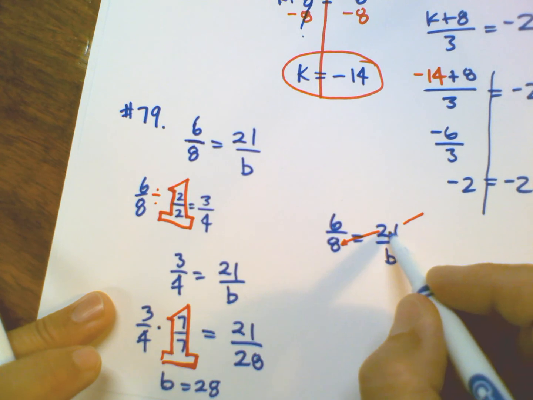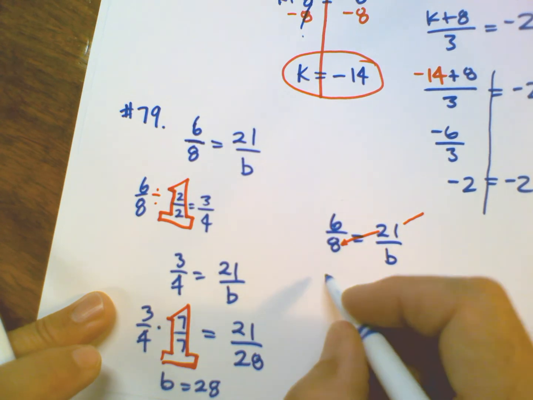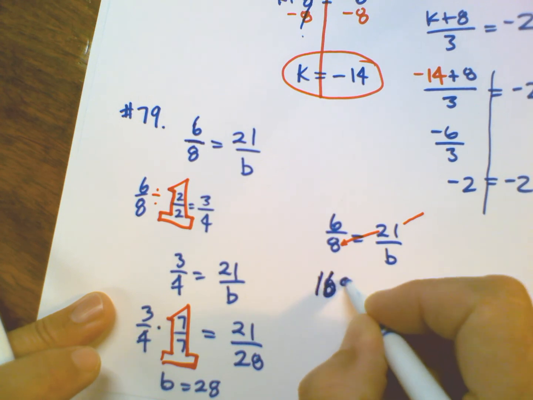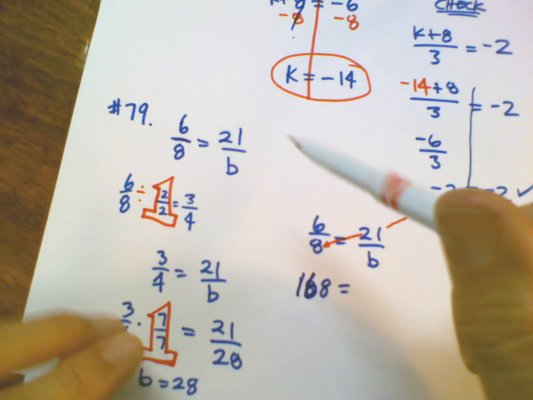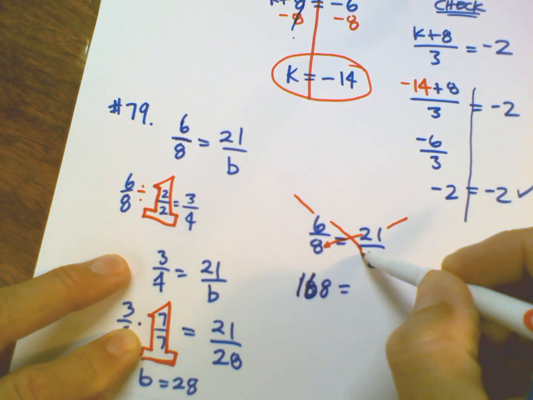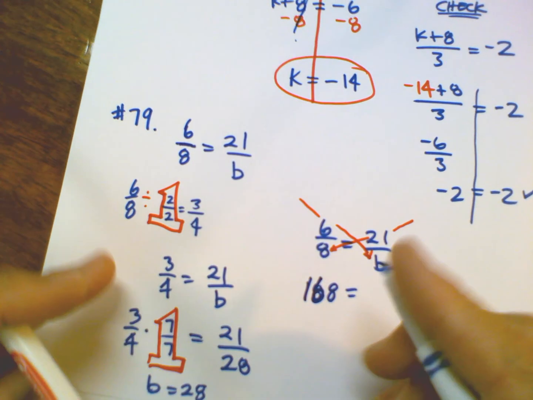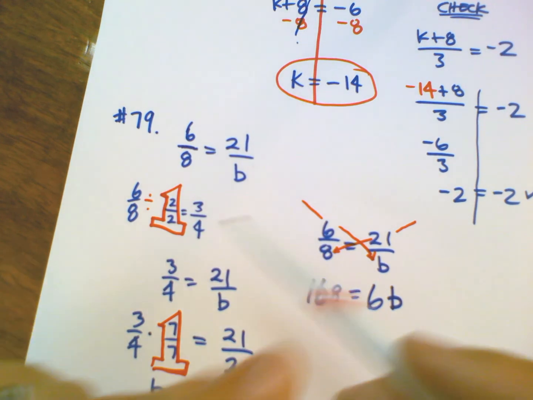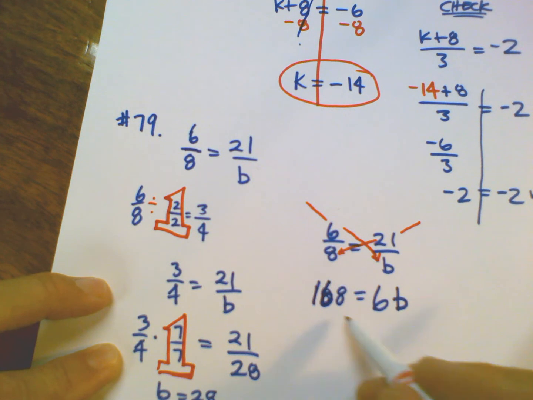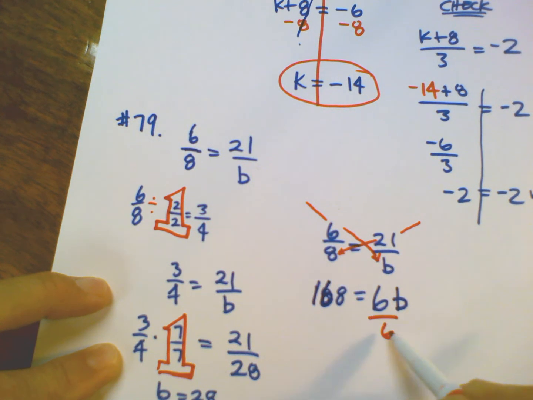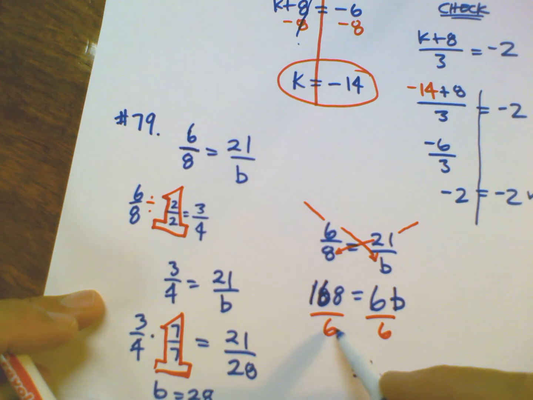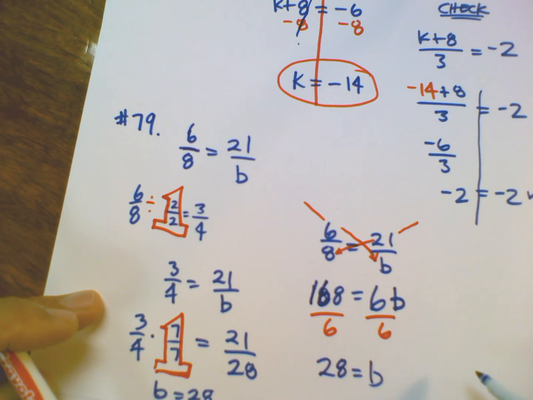In this case, it is. So 21 times 8 is 168. Then you do the same thing: you multiply that 6 times the b, and it would be 6b. Now I've got a nicer one-step equation where I can divide both sides by 6. So b would equal, well, 6 goes into 168 28 times.